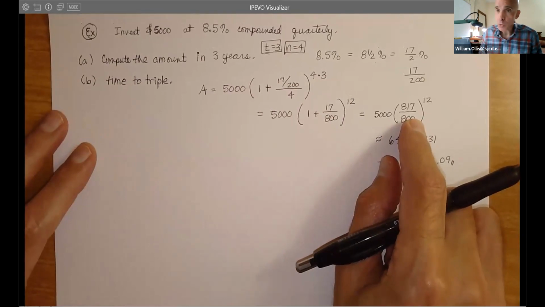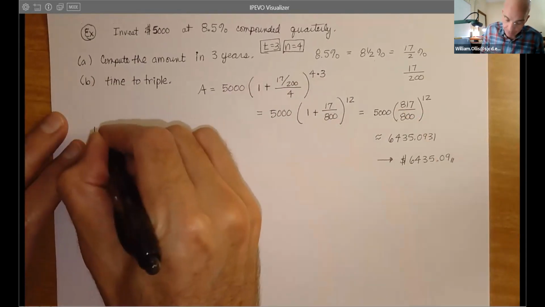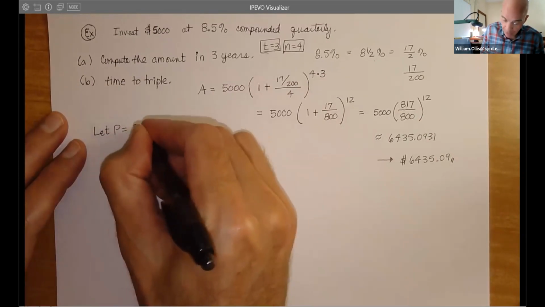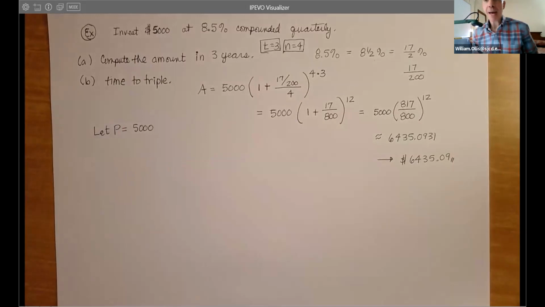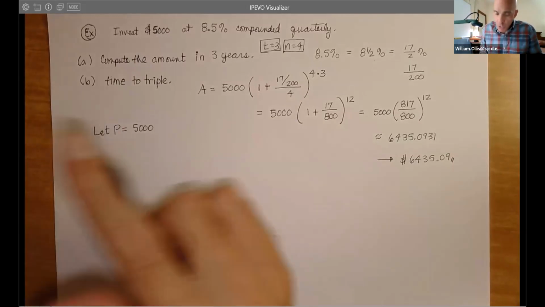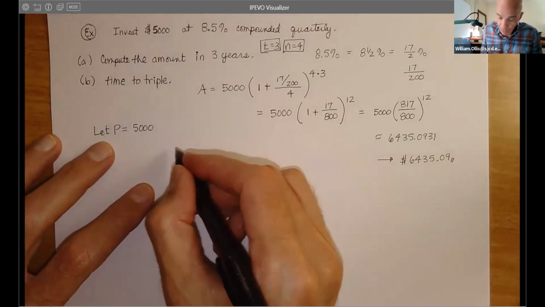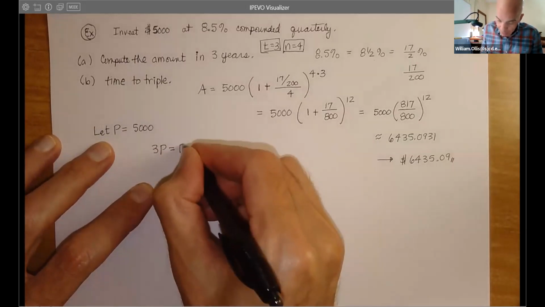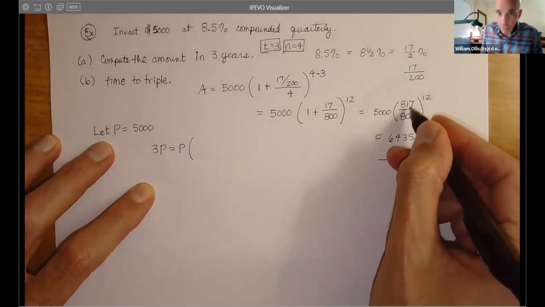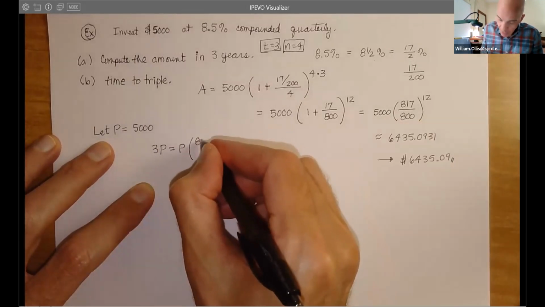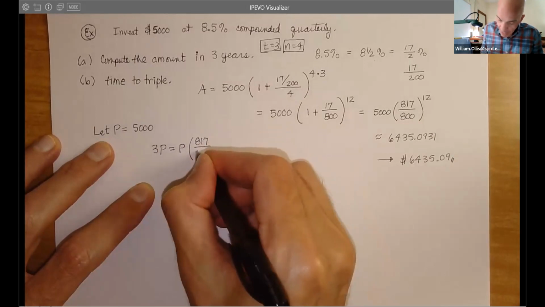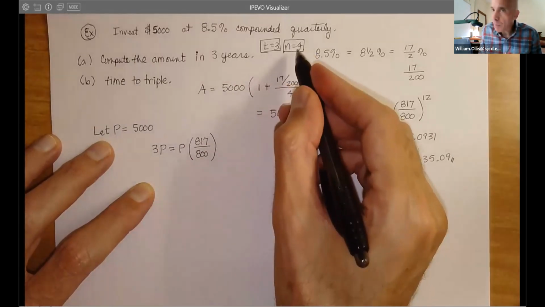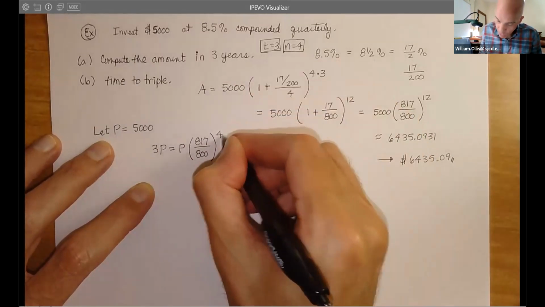It says time to triple. So let the principal of 5,000 be represented by P. So now triple P is 3P. So this says 3P equals P, and we have our base, our unfortunate base, 817 divided by 800. And now remember, n is 4, but we don't know what t is, so we've got 4t.